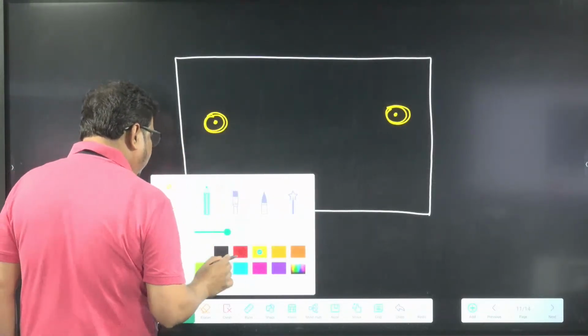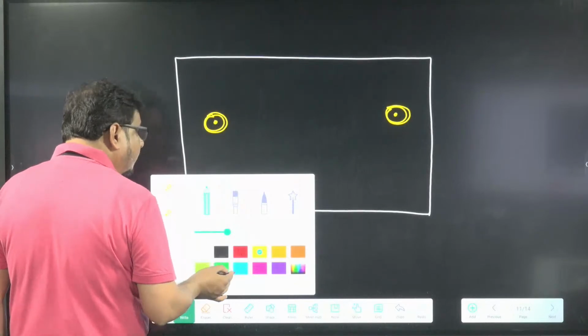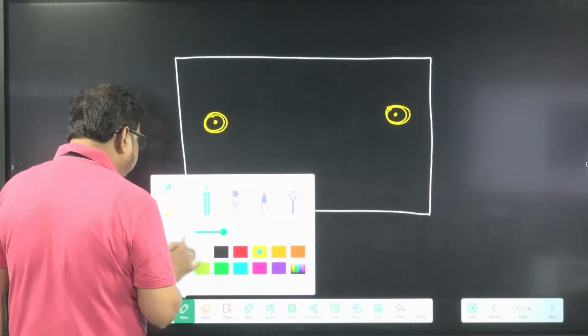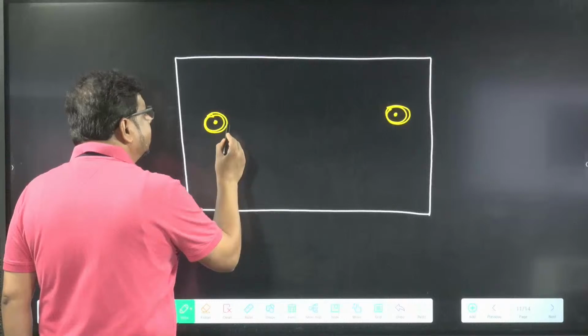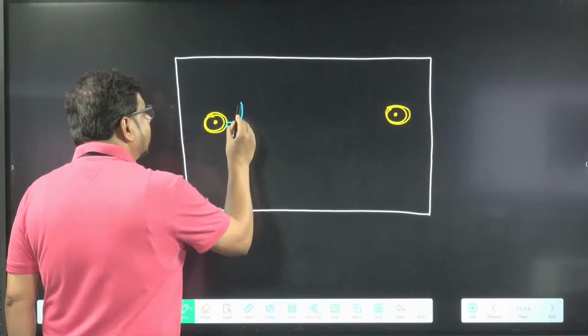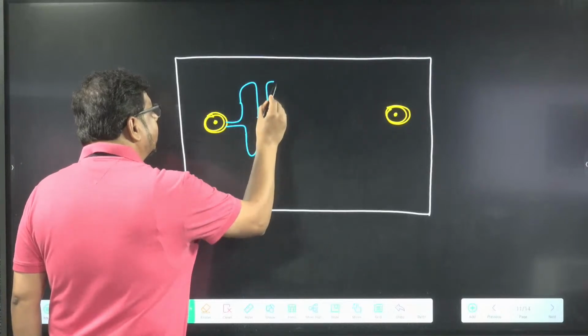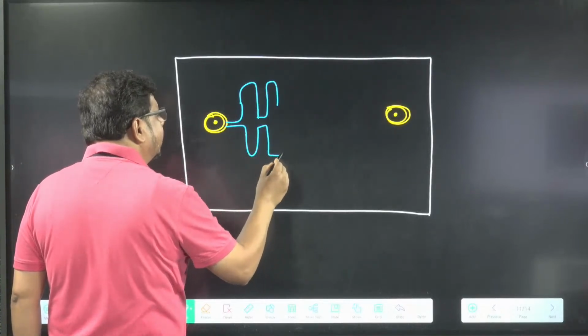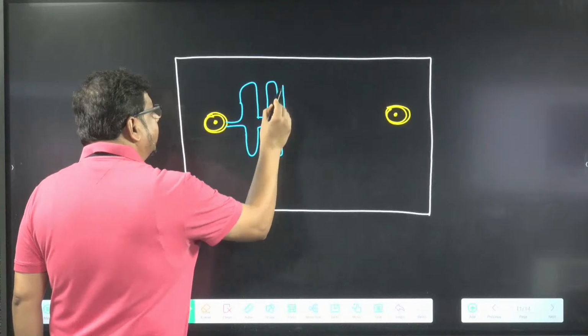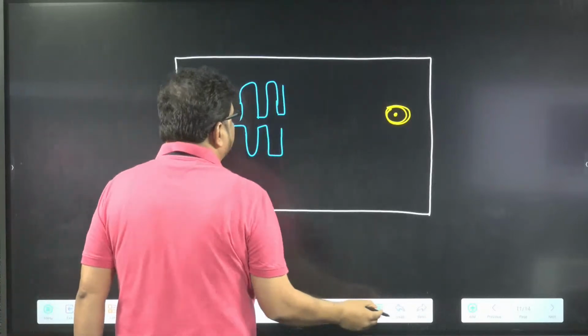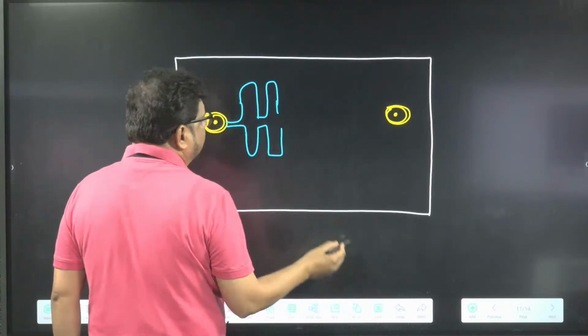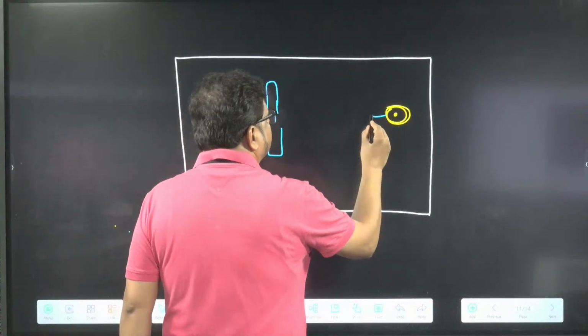Now the problem in cell wall formation is the endoplasmic reticulum. Try to understand the mechanism. The endoplasmic reticulum you have studied is a network-like reticular structure present in the entire cytoplasm.